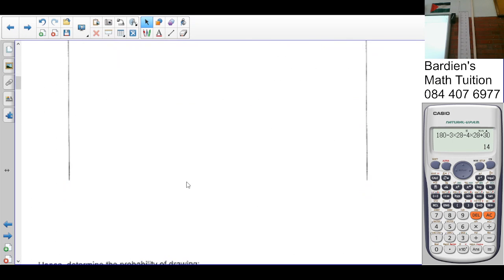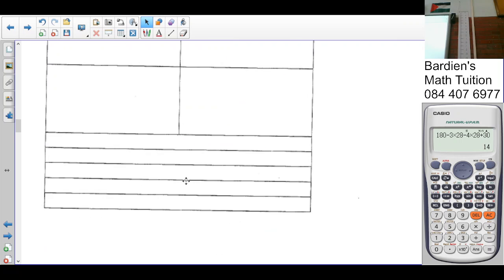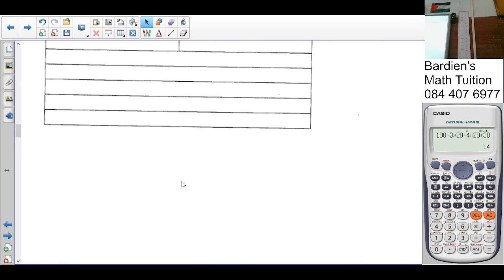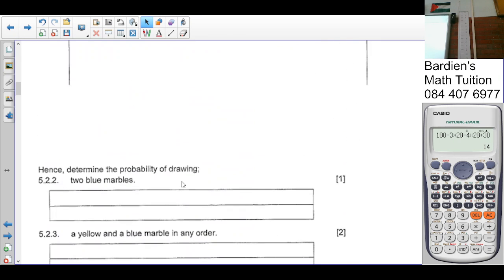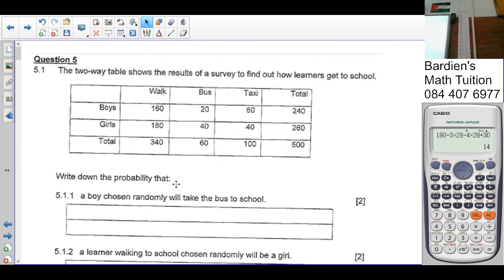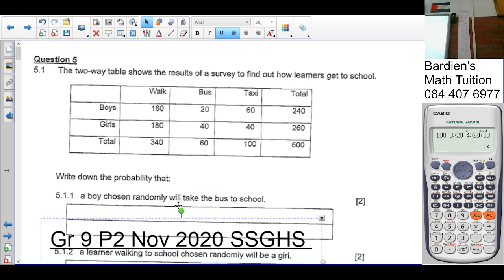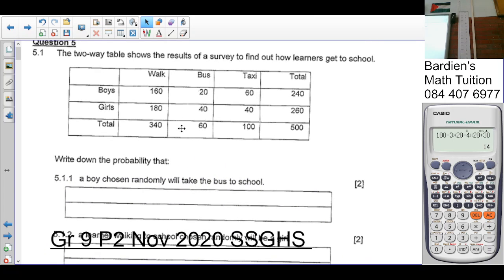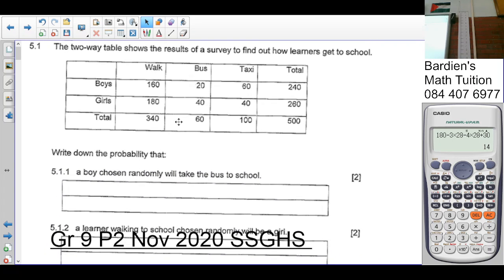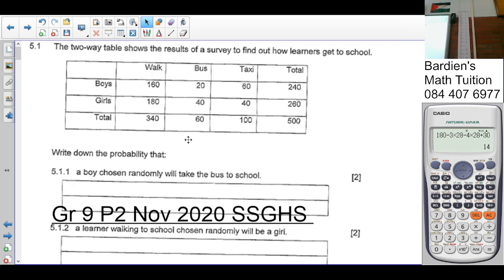Okay, so the next question. It says the two-way table shows the results of a survey to find out how learners get to school.